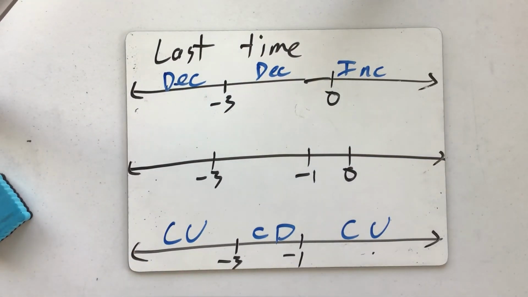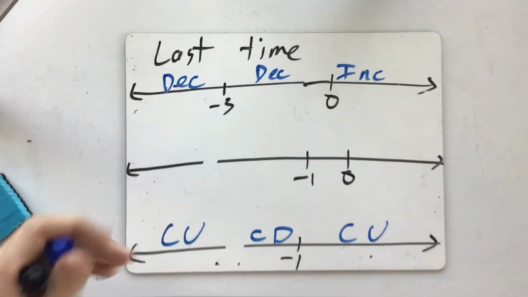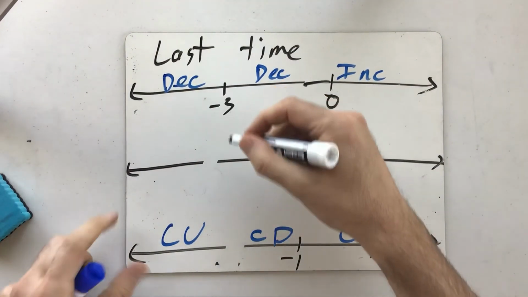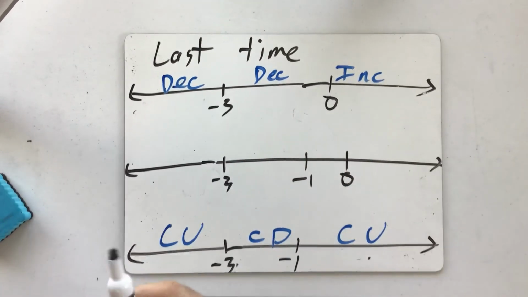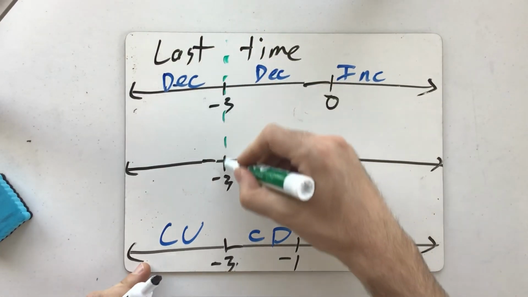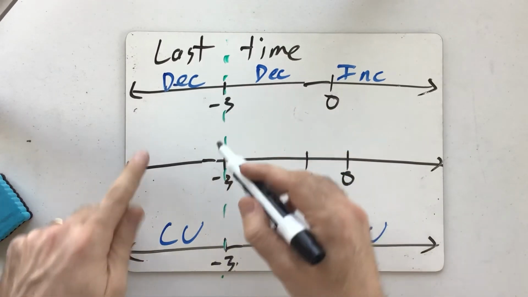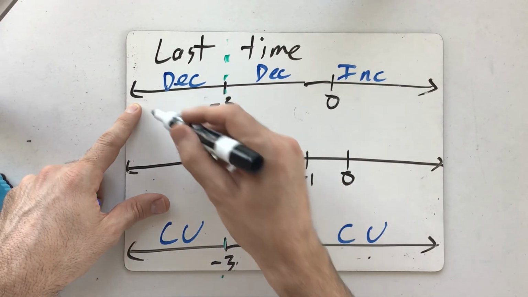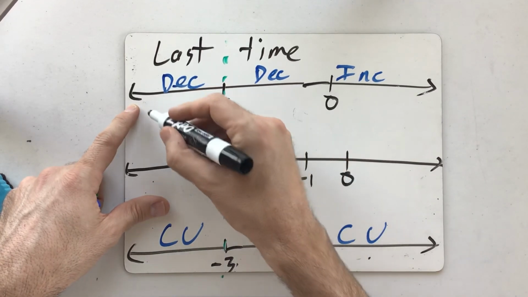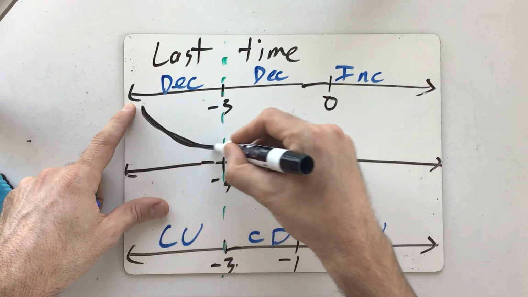And so what our graph is doing in this section, which is this section of our graph on this side of -3, what is it doing? It's decreasing, but it's decreasing in concave up. So what does decreasing concave up look like? It's going down, but it has an upward bowl shape. So on this section, it has that type of shape to it.